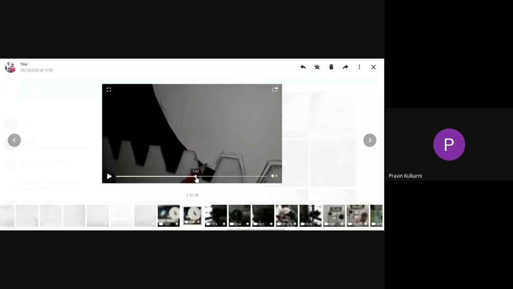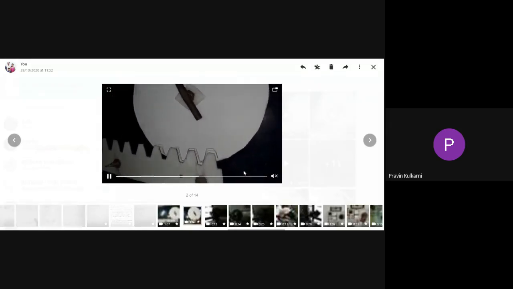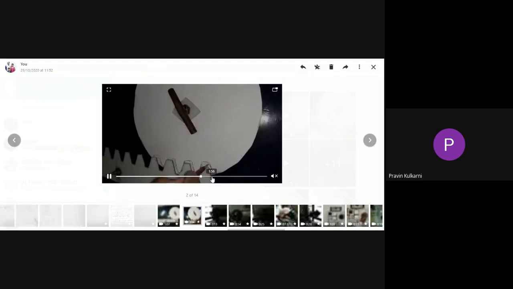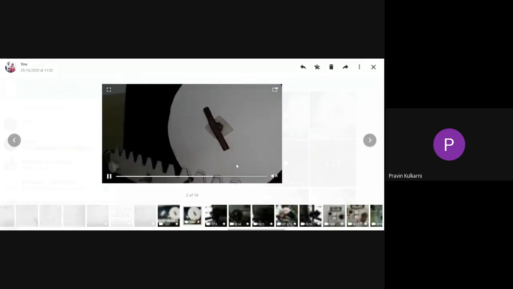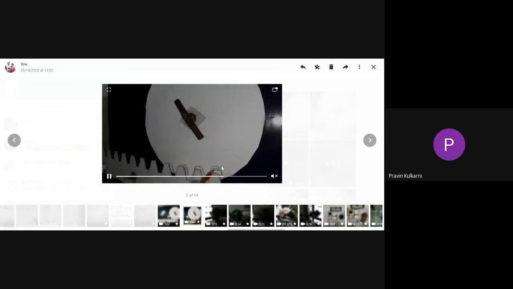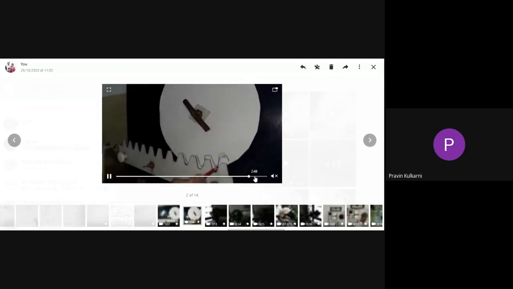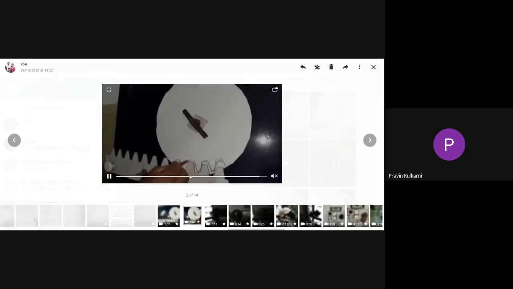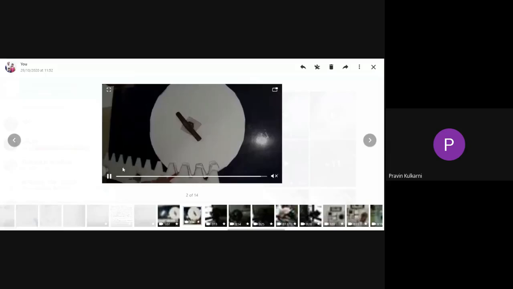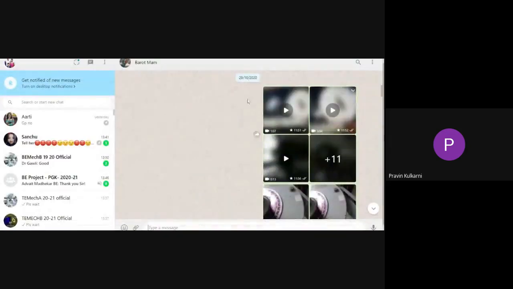Operate the handle so that the next teeth will be in touch, and so on. But this is done partially only. You have to trace out all the teeth.